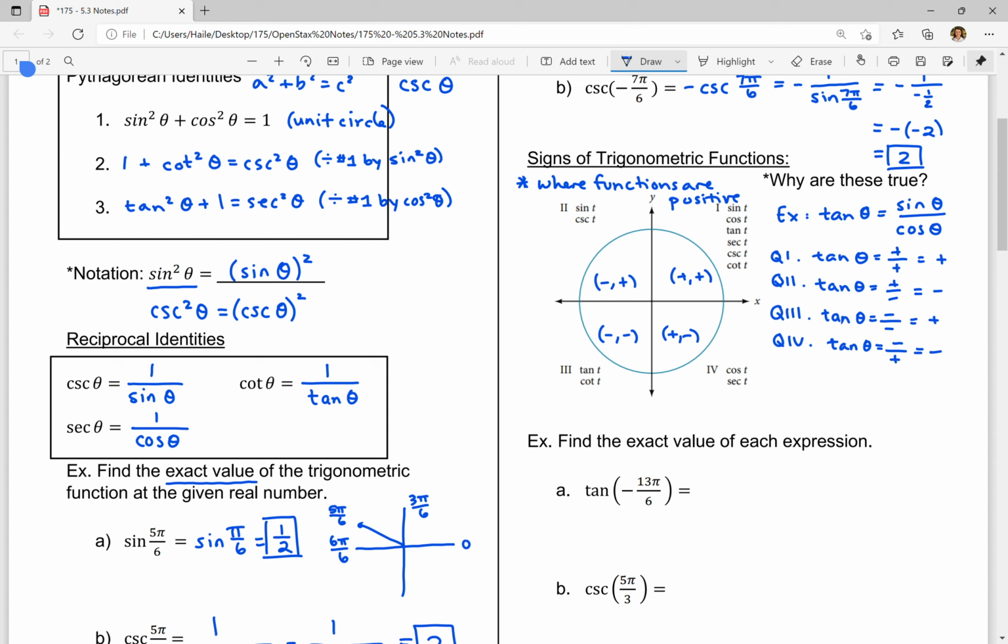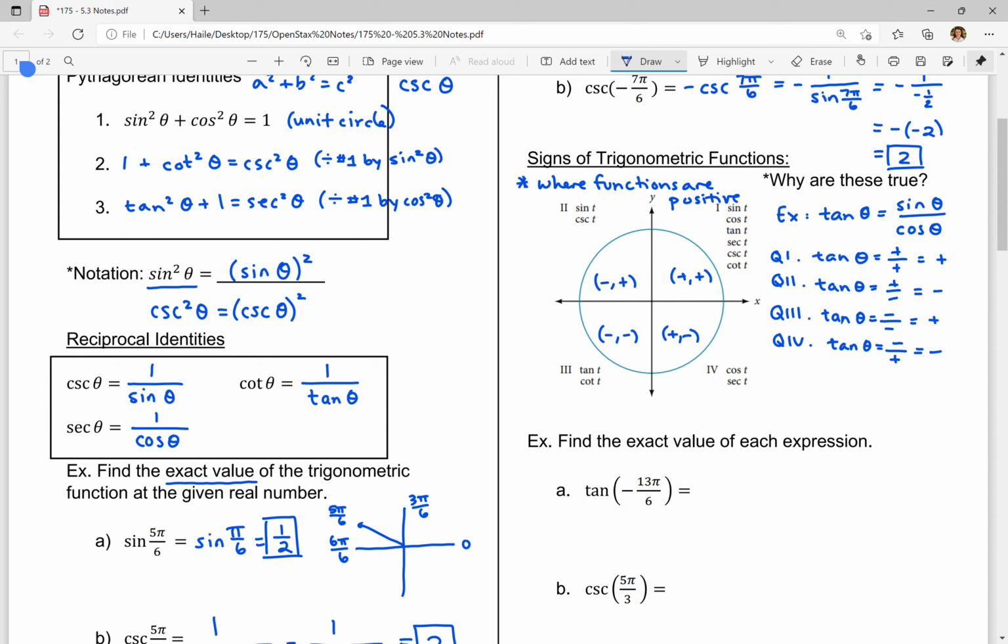Okay, so this is basically how you would want to think through all 4 of the trigonometric functions in this section. So you want to go through each quadrant and think about what identity that relates it back to sine and cosine can tell me what happens to the sign in that quadrant. So I think going through the other 3 functions yourself is a good exercise to help you remember how this works.